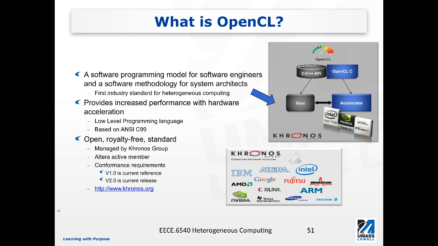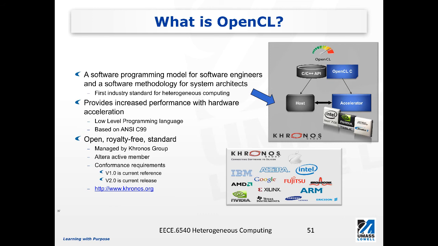So we talked about OpenCL in the previous lecture. Now I want to go over very quickly to review what OpenCL is for the people who have not taken the previous lecture. OpenCL is a software programming model that essentially helps software engineers design parallel programs on a large number of different platforms, including CPUs, GPUs, and FPGAs.